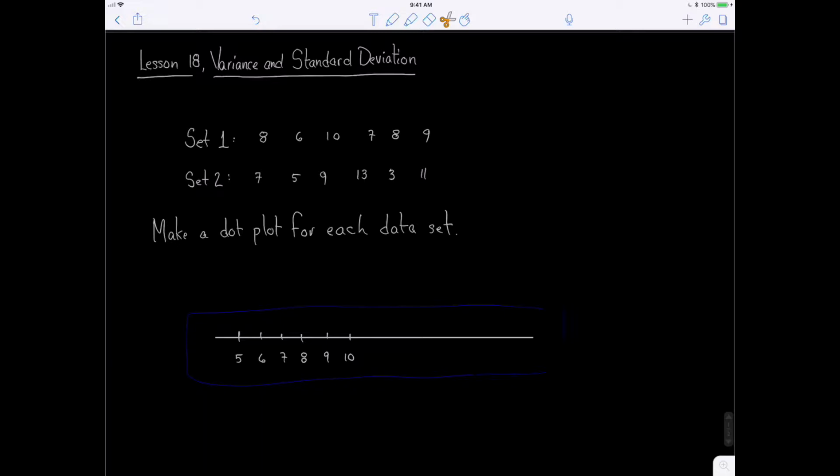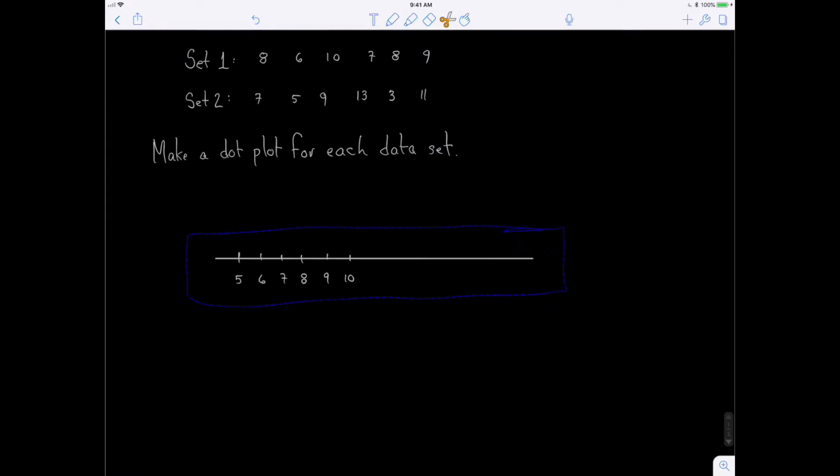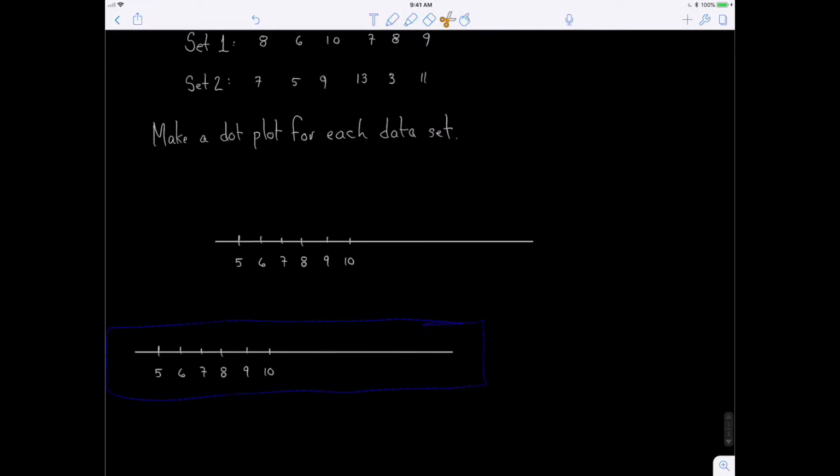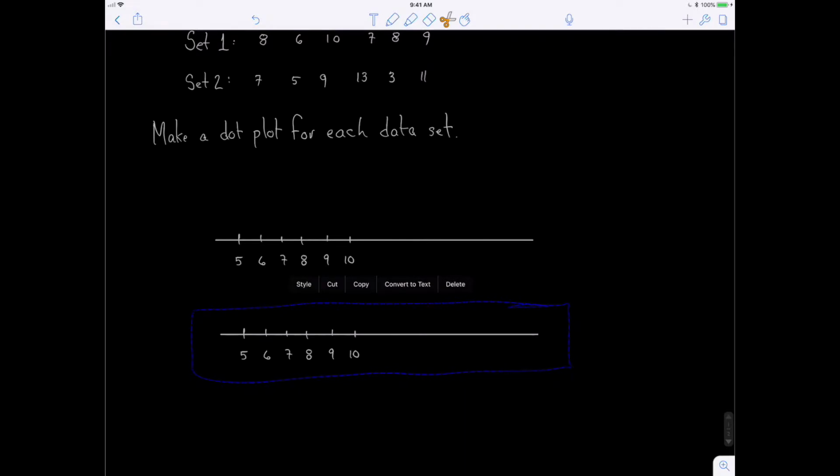That's a good looking number line there. And make a copy. We'll put that down here just a little bit lower. I'm going to try to line it up even right underneath that. You'll see why here in a bit. Okay, that should work.